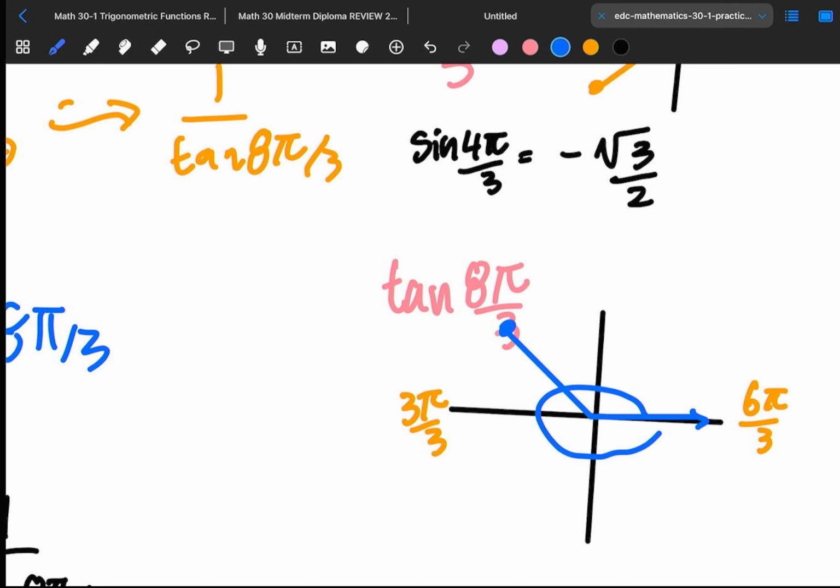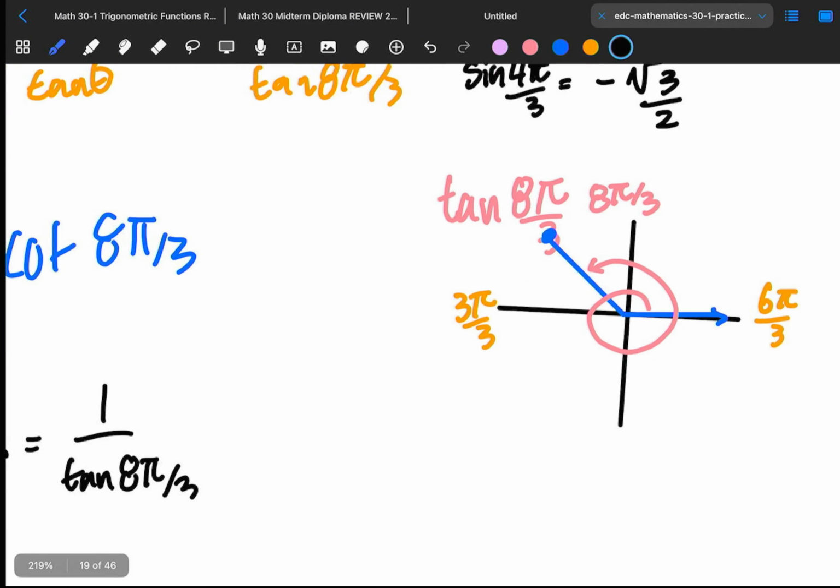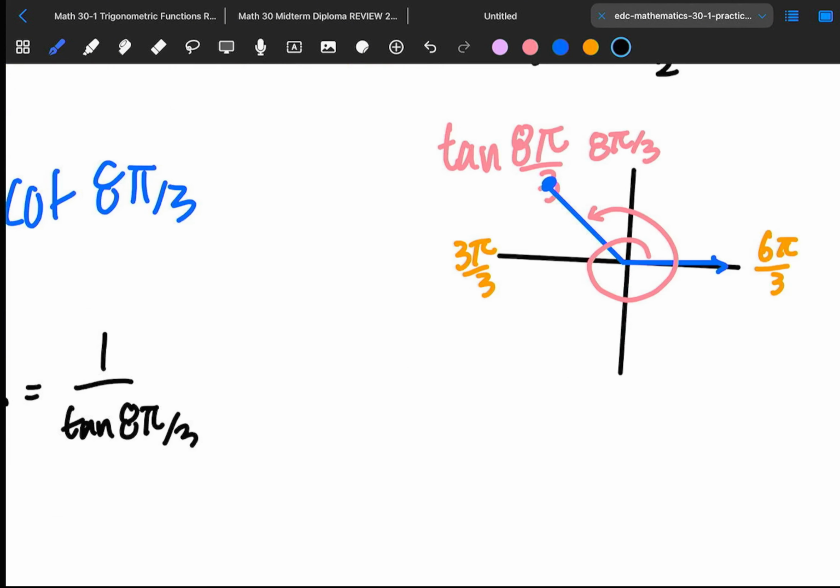It would go around once and hit this point here, which would be 8 pi over 3. Now, we can use our CAST rule. And we'd see that our tan ratio of 8 pi thirds is actually going to be negative because only sine is positive in this quadrant. And also notice that our reference angle is pi over 3.